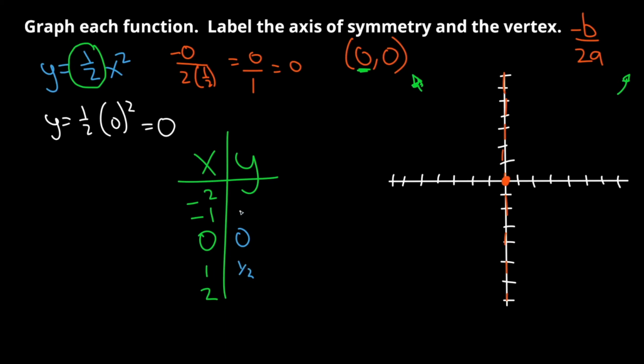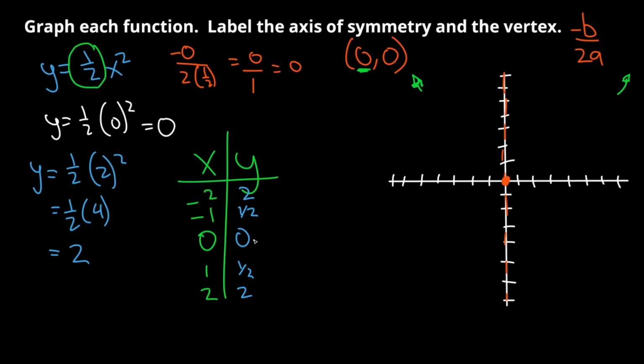Since this is 1/2 at 1, negative 1 will also be 1/2 with parabolas. So we'll go ahead and do positive 2. y equals 1/2 times 2 squared. 2 squared is 4, and 1/2 of 4 is 2. So we get 2 here, 2 there, and now we can go about plotting this.